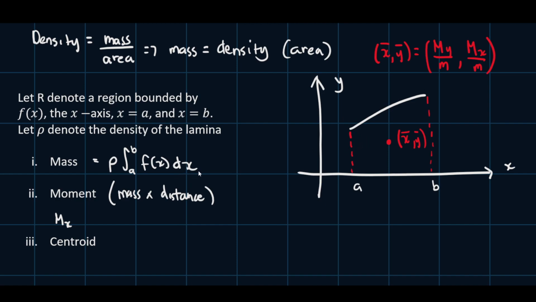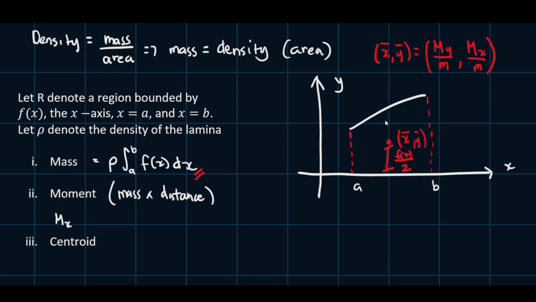Yung mass, given na tayo nito, yung distance from the x-axis would be this one. Now, since sure tayo na nasa gitna yan because we have a uniform density, yung distance from the x-axis would now be f of x over 2.